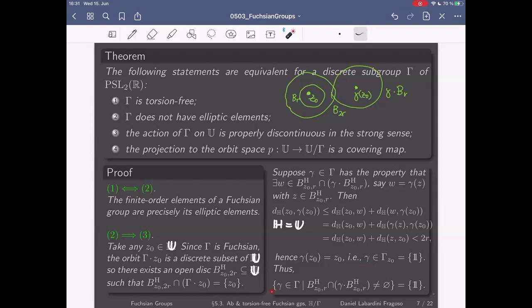And so we get the property that when we take this open ball around z naught and intersect it with all its translates under Gamma, the intersection is always empty except for the case when little gamma is the identity.